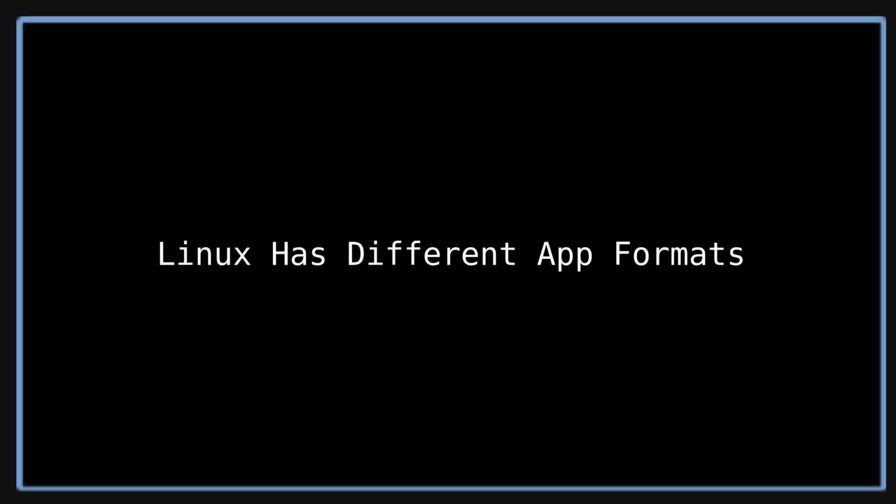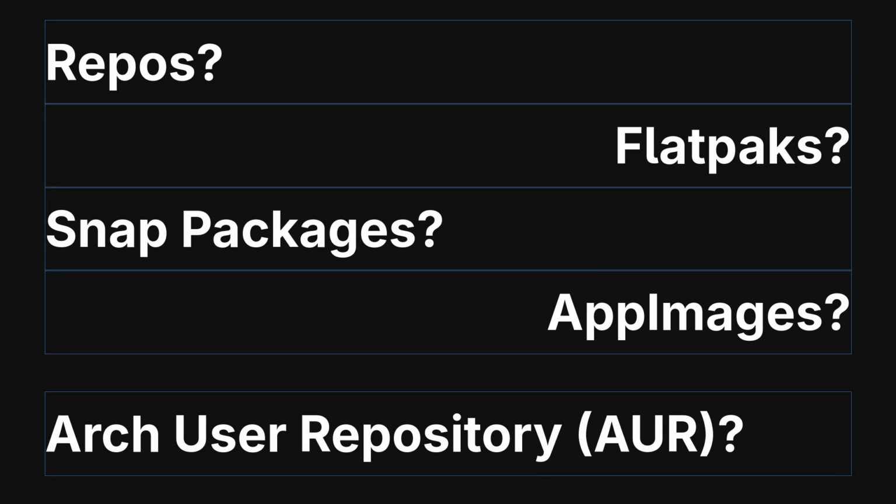But a quick word about app formats. Linux doesn't have a single universal app store or packaging system. That can feel confusing at first. You'll hear about traditional repositories, Flatpak, Snap, AppImages, and things like the Arch User Repository.